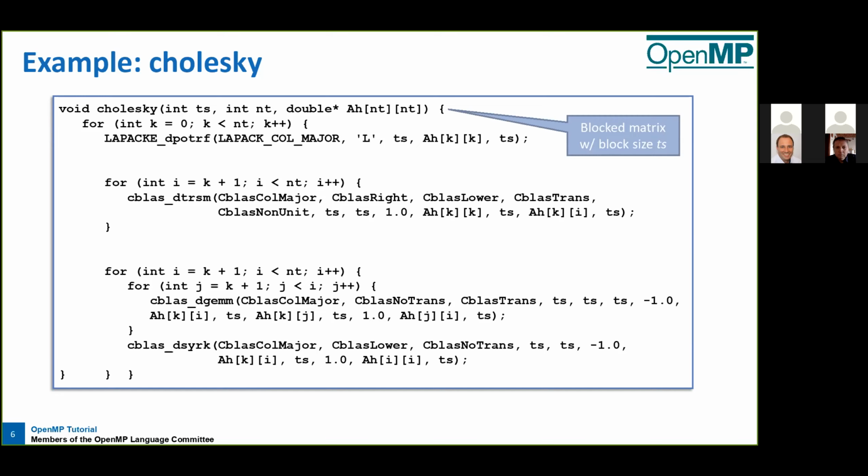So the question was, how could you parallelize that? And if you click once, then the first one is that you can parallelize over the I loop that pretty much feeds a number of blocks into the TRSM function of BLAS.